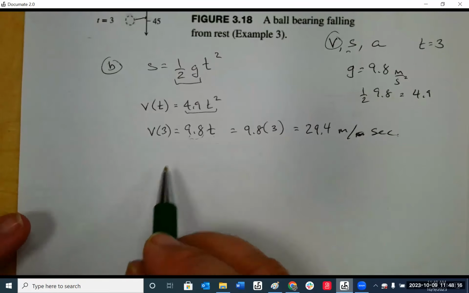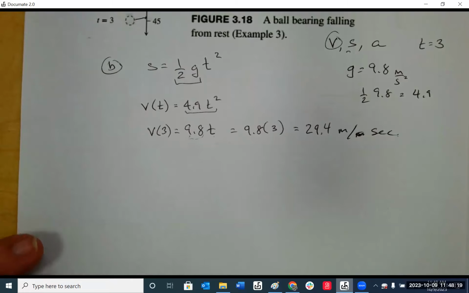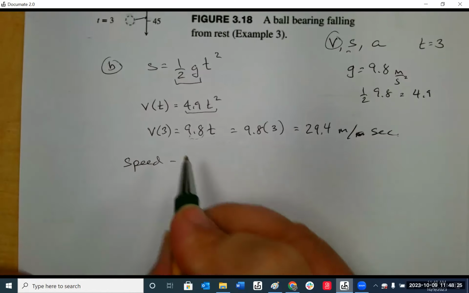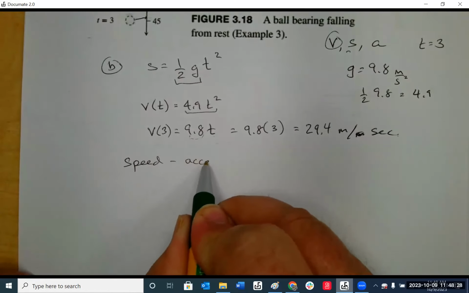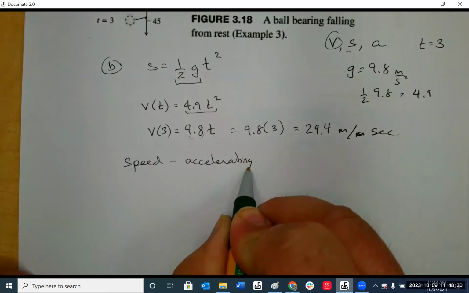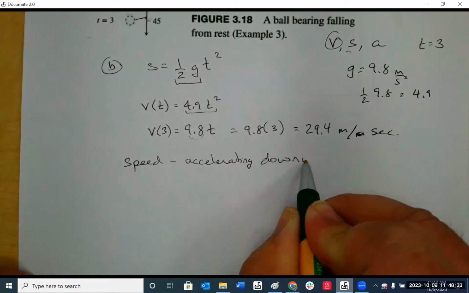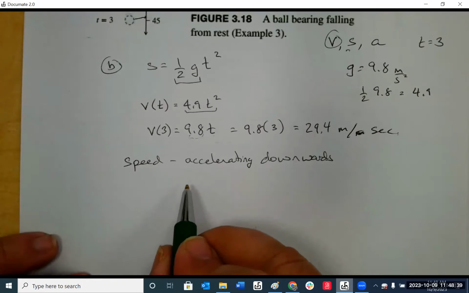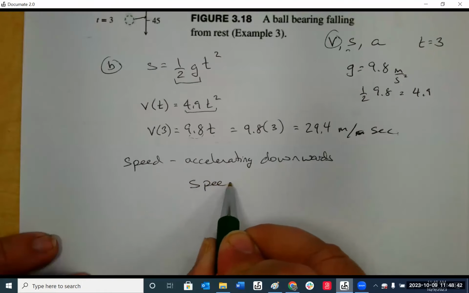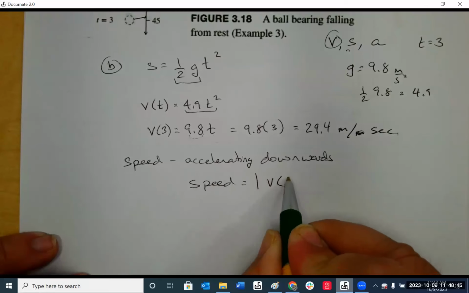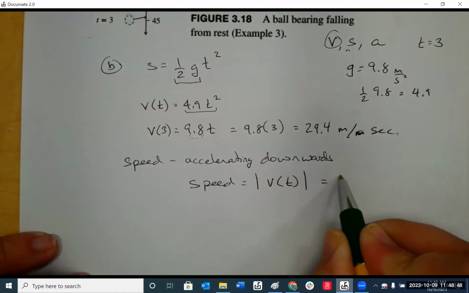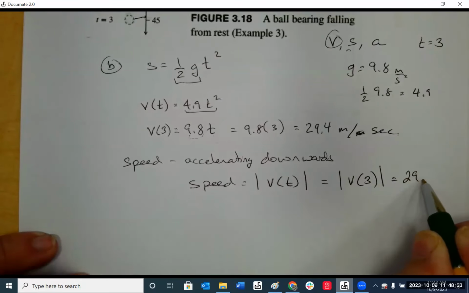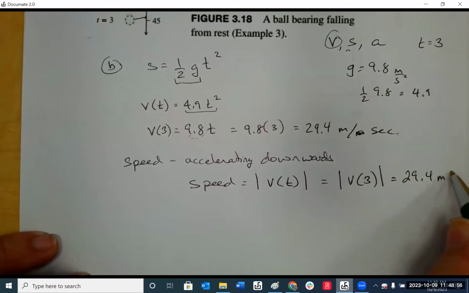Because it's the absolute value of velocity. The speed is accelerating downwards. So the speed is the absolute value of our velocity. So it's the absolute velocity at 3, which is 29.4 meters per second.